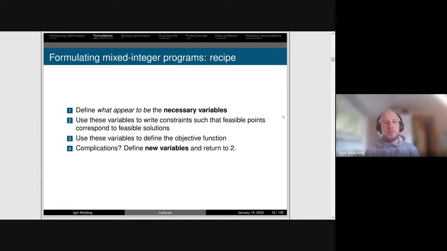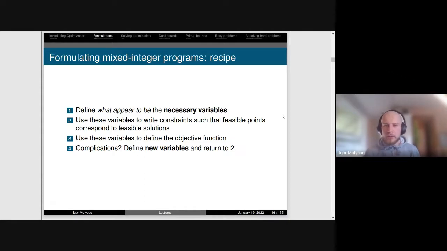Then you need to come up with the constraints and the objective function. It does not matter too much in which sequence you do those, but normally the objective function is slightly easier once you have all of the necessary variables.